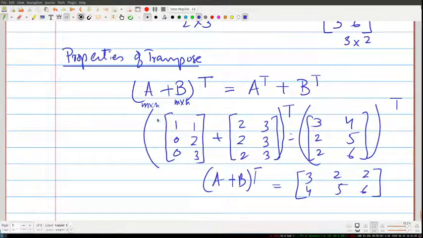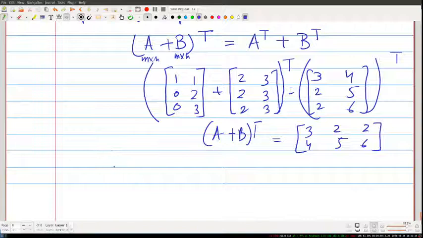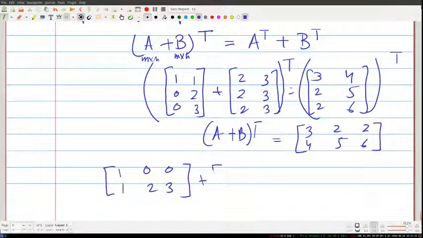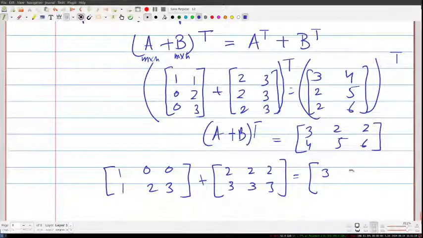You can take the transpose first and then do the addition. So I take the transpose first, which is 1, 0, 0 and 1, 2, 3, and then add it to 2, 2, 2, 3, 3, 3, and you notice you get exactly the same thing: 3, 2, 2, 4, 5, 6. So it doesn't matter if you do addition first or transpose first.